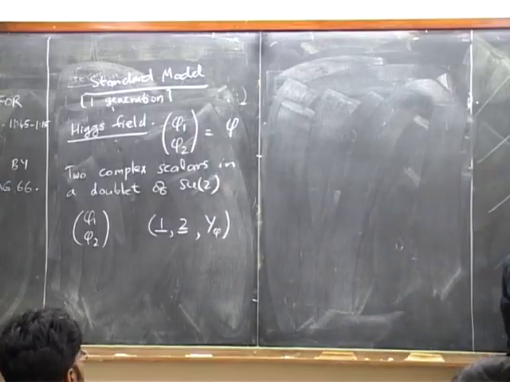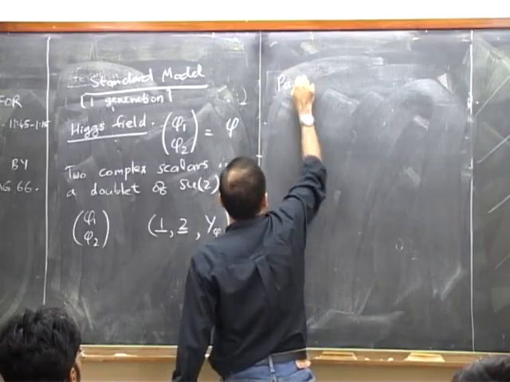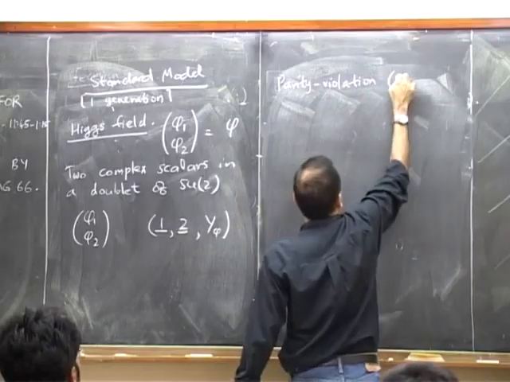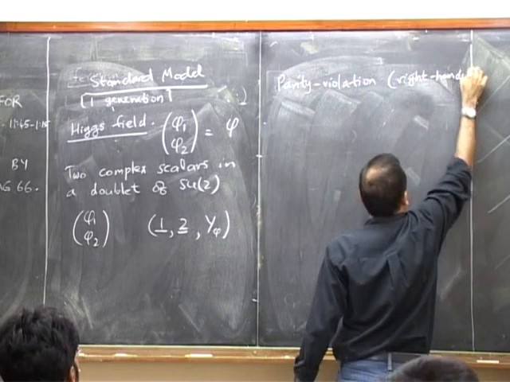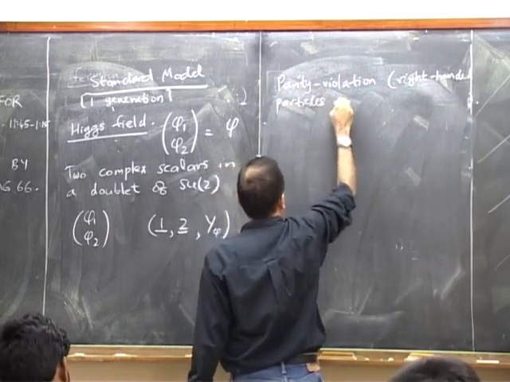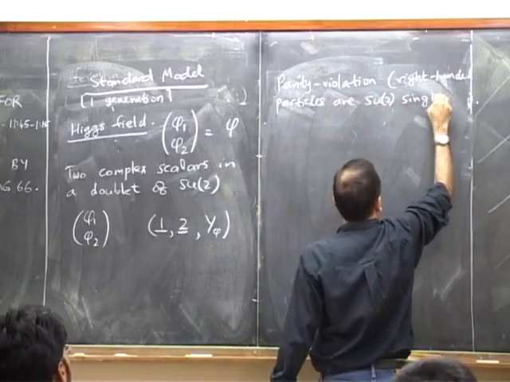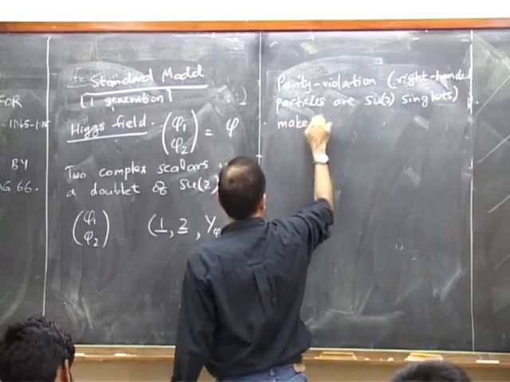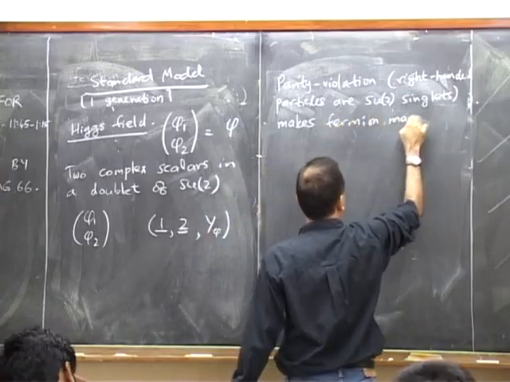In fact, the parity violation built into this model, which amounts to the statement that right-handed particles are SU2 singlets, makes fermion mass terms difficult. That's the first thing we need to convince ourselves of.